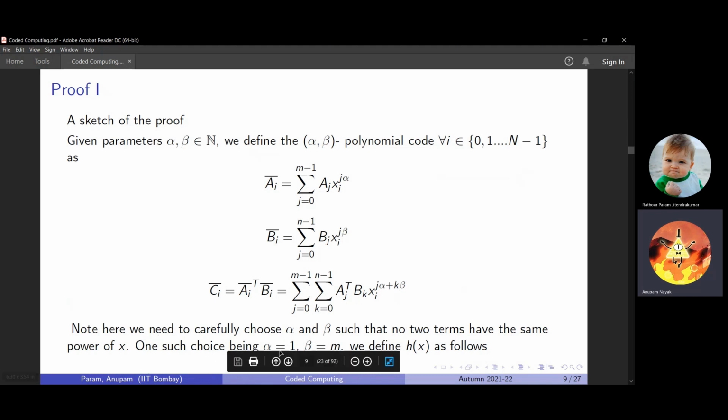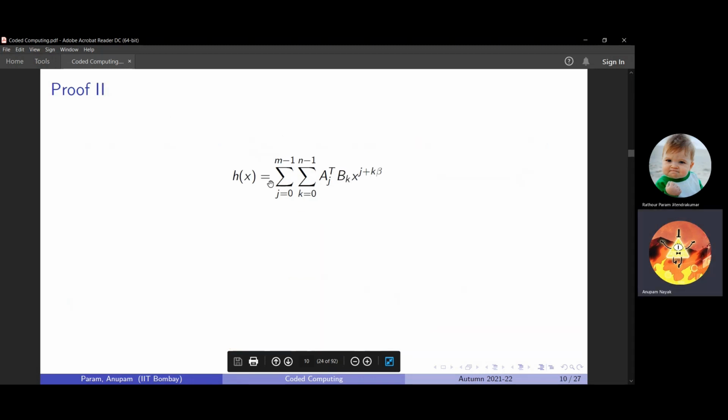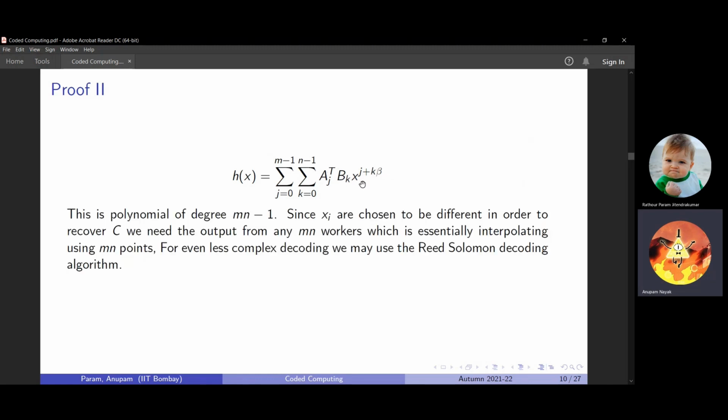One such choice would be to use alpha equal to 1 and beta equal to m. If that happens, then we'll have our h(x) defined for some x_i, which I fixed as x here. h(x) will just become this, where alpha is 1 and beta is m.